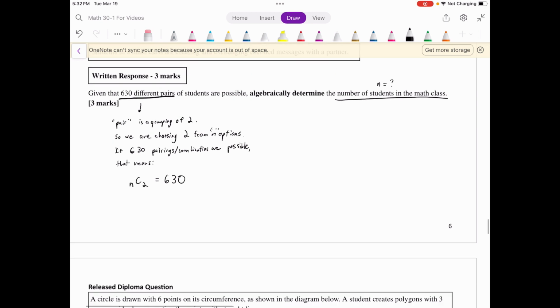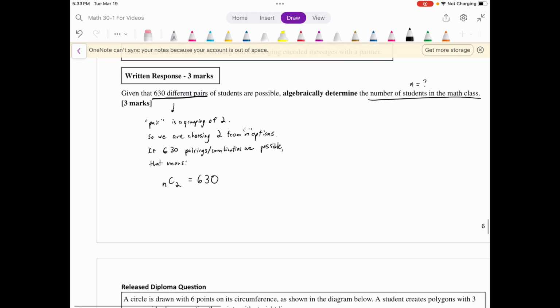And how can we solve for n here? Well, remember, there's a formula for n choose r. n choose r is n factorial over n minus r factorial times r factorial.